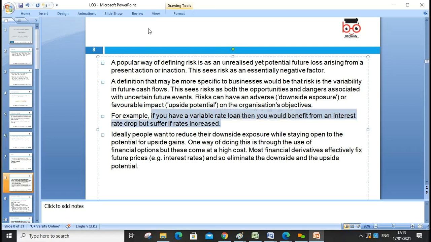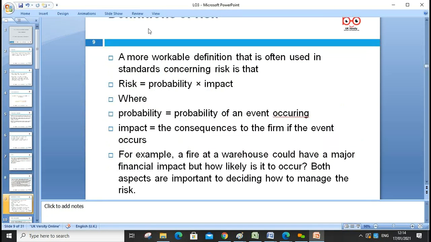Ideally, people want to reduce their downside exposure while staying open to potential upside gain. Financial options come at a high cost. Most financial derivatives affect future prices and interest rates, so they eliminate the downside and the upside potential. That's what we need to look at in real business. Any question?